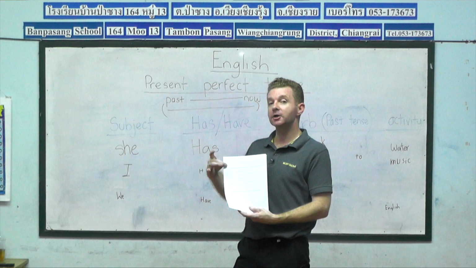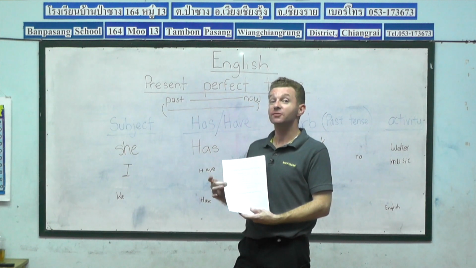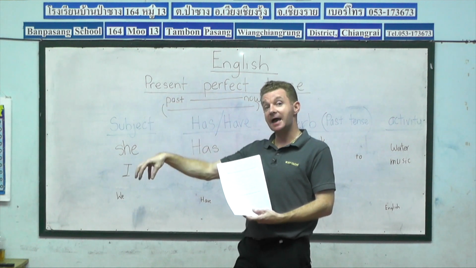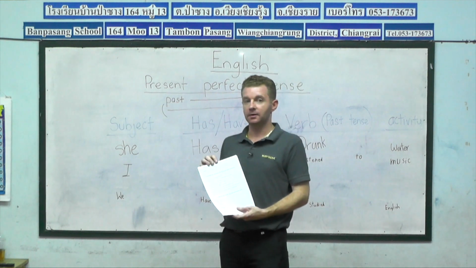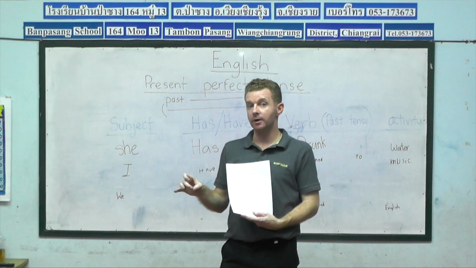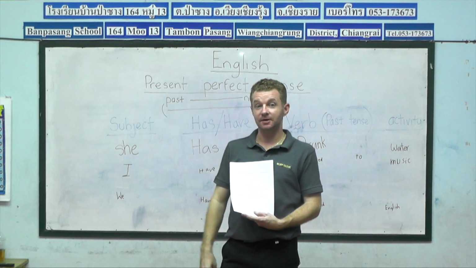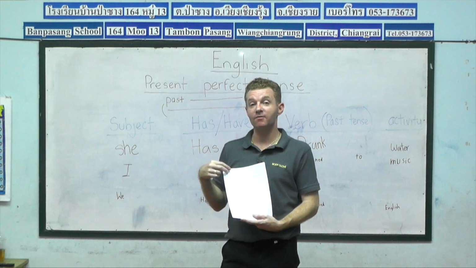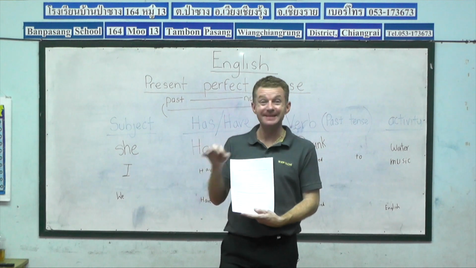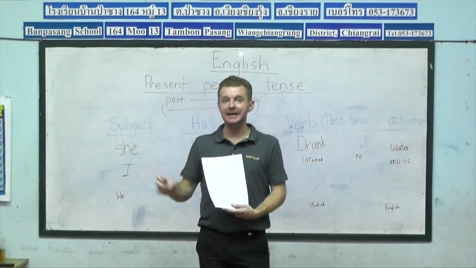They have to complete the correct word to fill in the sentences by reading the subject first and then writing has or have. And then the second activity is for them to practice writing verb words in the past tense, which is how we write in the present perfect tense. For example, play, we will add the letters ED to become played.